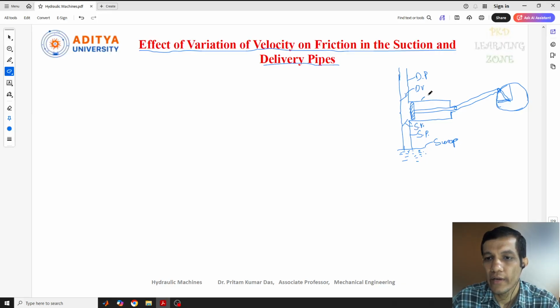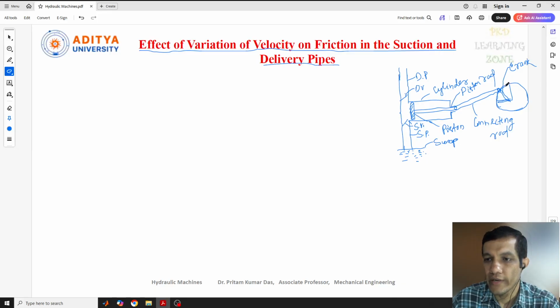Here, this is the cylinder, and in the cylinder this is the piston, this is the piston rod, and this is the connecting rod. So these are the components in the reciprocating pump. This is our crank.